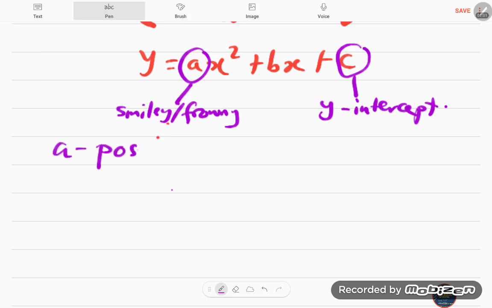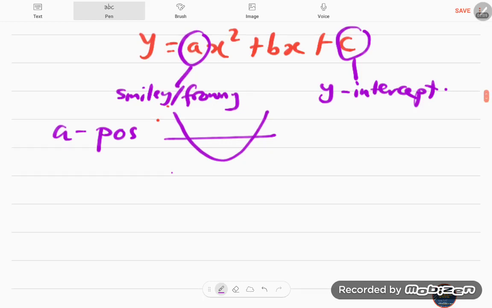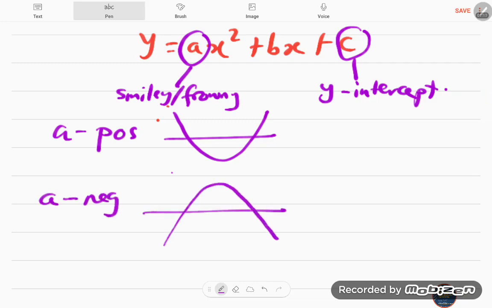If A is positive, then our graph is going to be a smiley face. Think of yourself as being positive. You are smiling. And if A is negative, then our graph is going to be a frowny face like that. It's like an upside down smile.